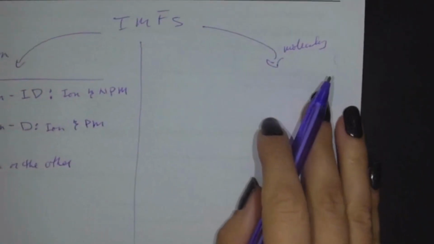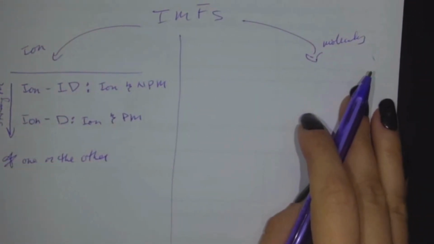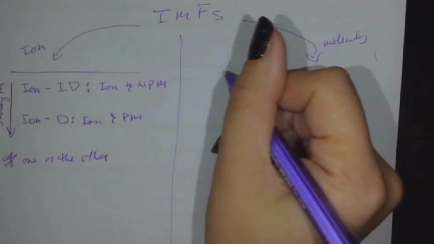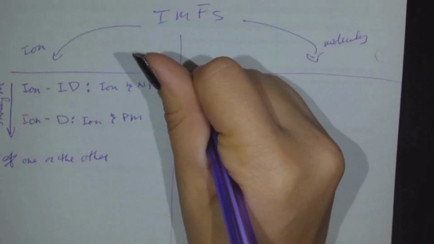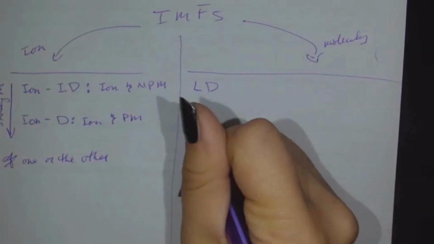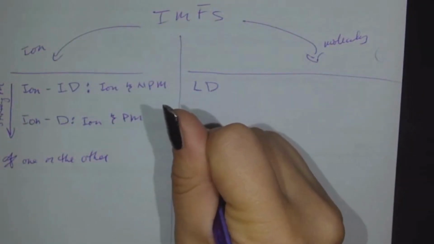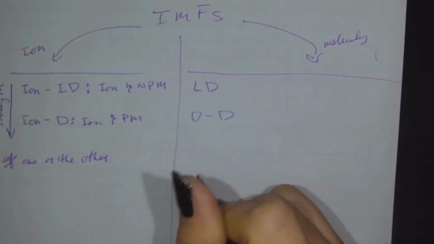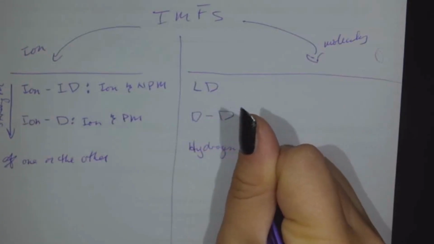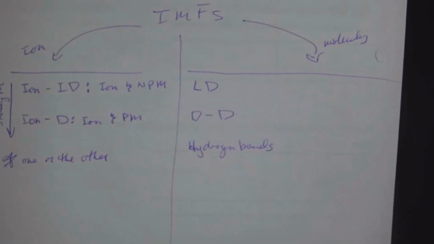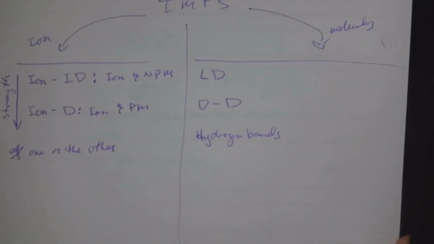Now, the second type of IMFs deal with only molecules. For molecules, there's going to be London dispersion, dipole, and then hydrogen bonds. Those are the IMFs between molecules.